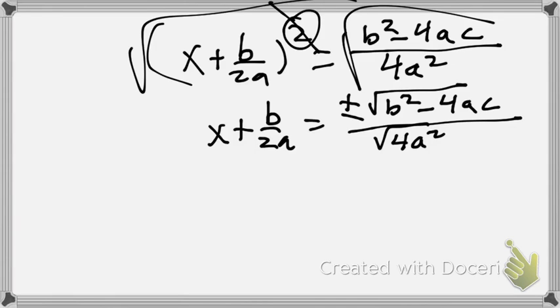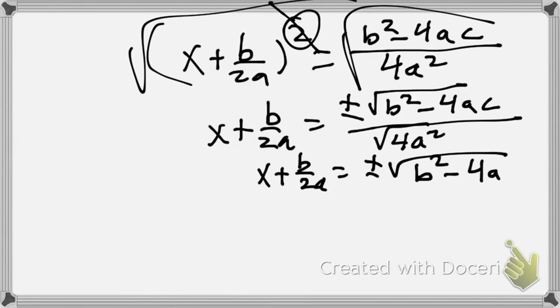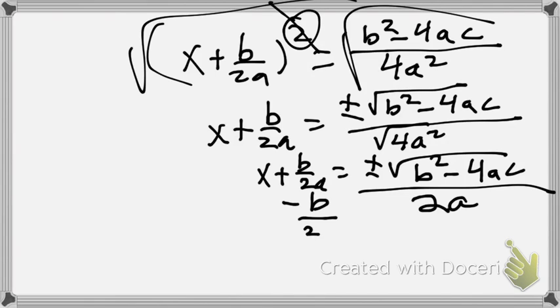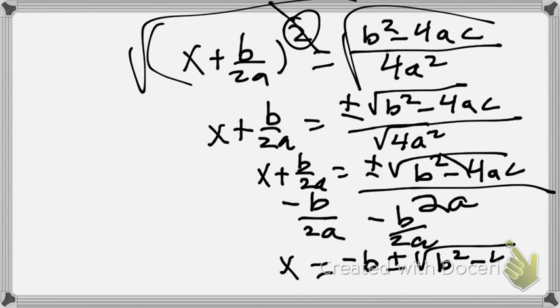Well, 4a squared is a perfect square. So we have x plus b over 2a equals plus or minus the square root of b squared minus 4ac over 2a. Subtract b over 2a from both sides, and we get the quadratic equation.